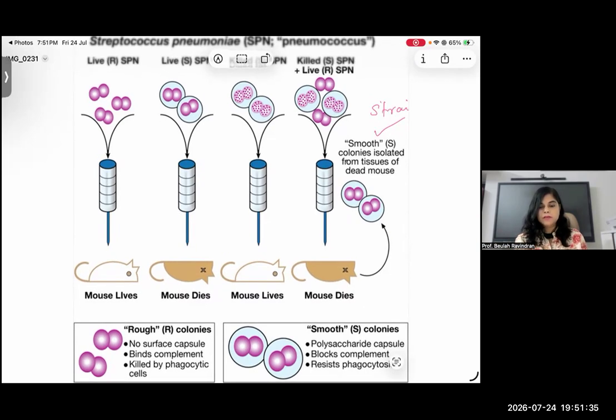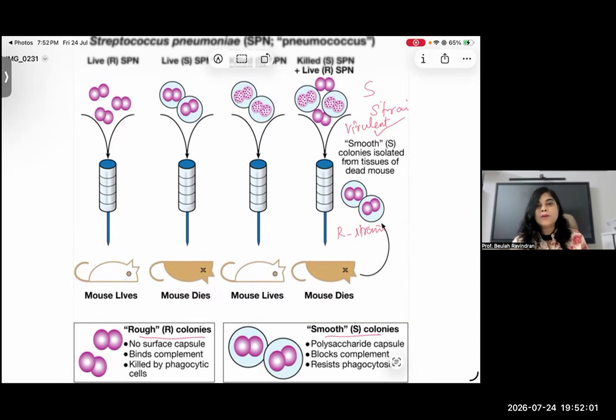This bacterium possesses a mucus polysaccharide coat. Then there are rough colonies, the R strain. Smooth and shiny is the S strain; this is rough colonies. The bacteria lack a mucus coat.